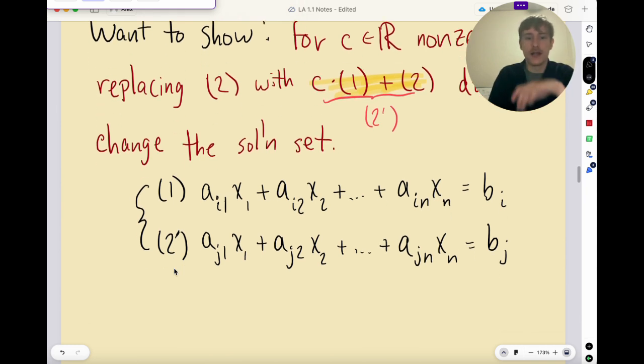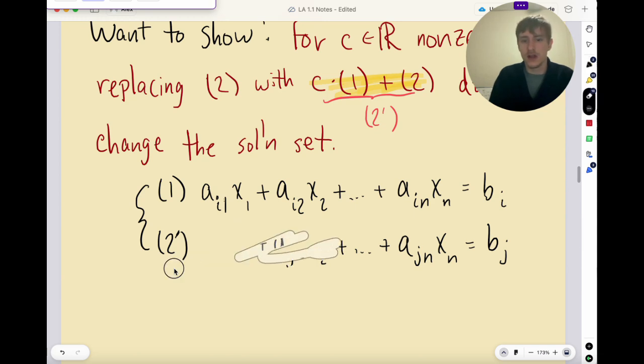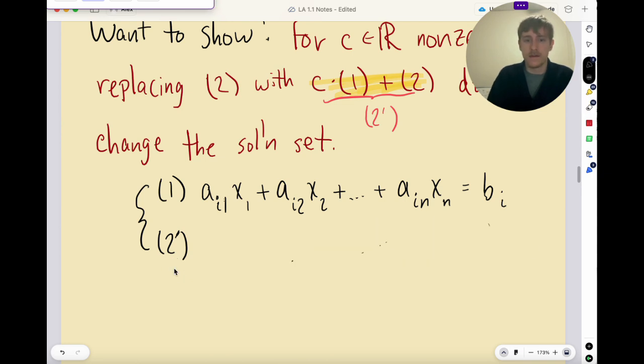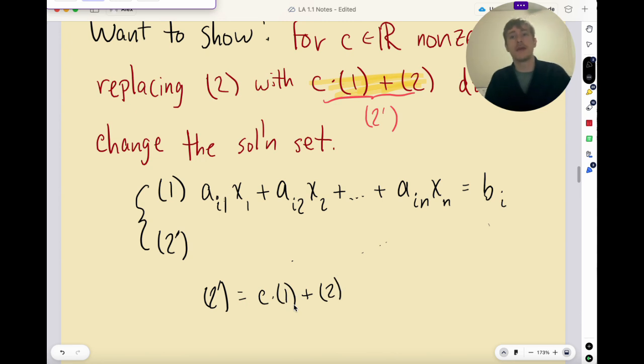Okay? So what is that going to look like? Well, we might as well do a little bit of work to figure out what that is. If 2 prime is the same thing as c times equation 1 plus equation 2, let's do this term by term.